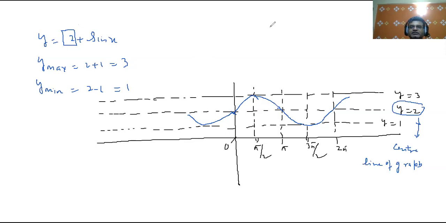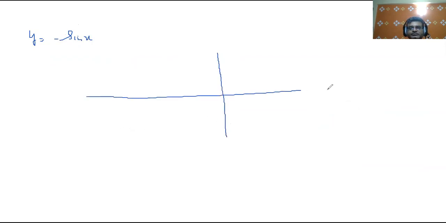Now we are plotting some more graphs. So for y is equal to minus sine x, what will happen? That I will show you. It is 0, pi by 2, pi, 3 pi by 2, 2 pi, likewise minus pi by 2, minus pi, minus 3 pi by 2, minus 2 pi.